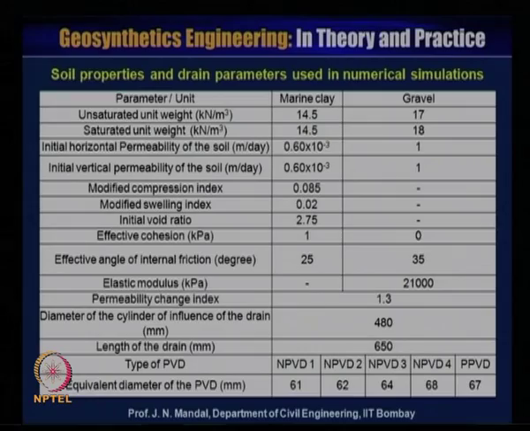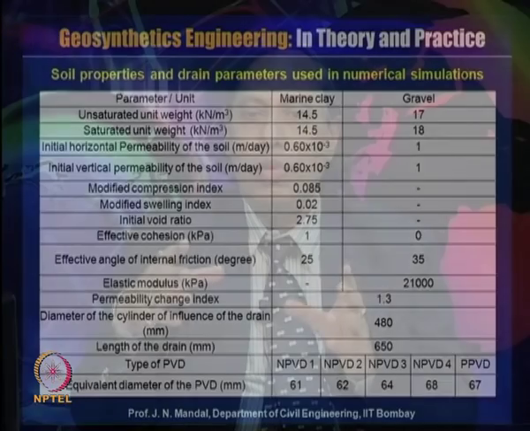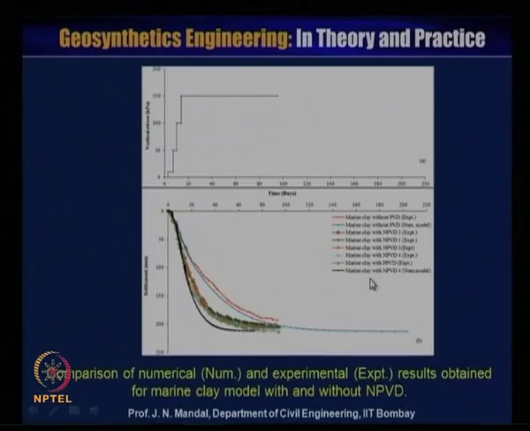As I said, for this sand drain we use about 65-66 millimeter, and that equivalent diameter has been determined using that earlier equation, and then you can obtain these values of equivalent diameter of the prefabricated vertical drain.